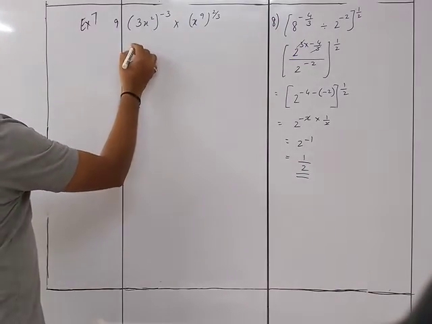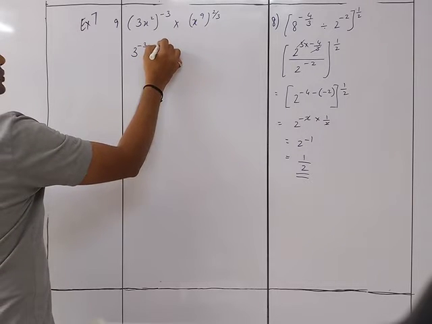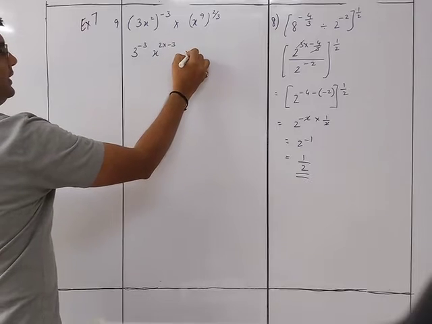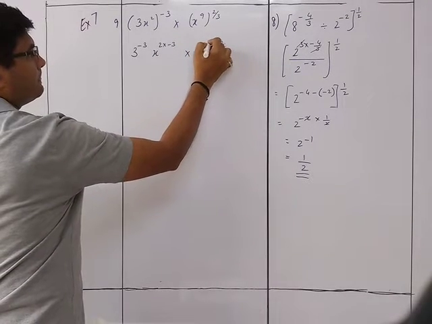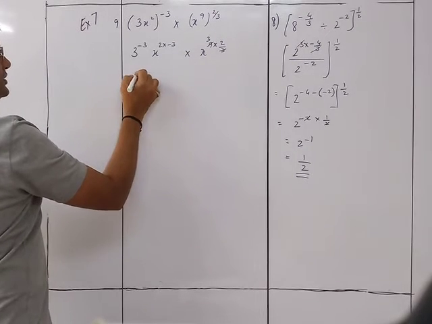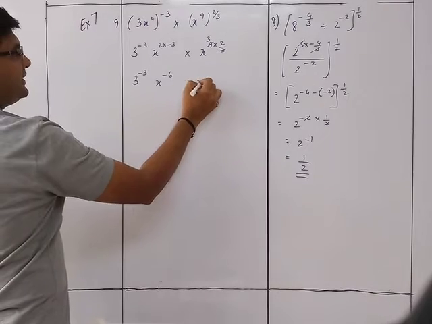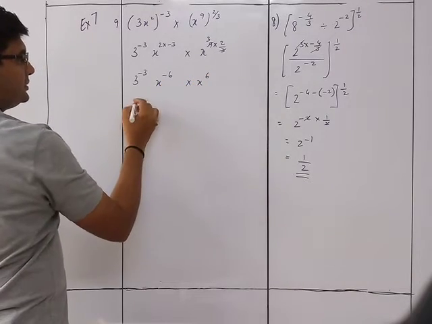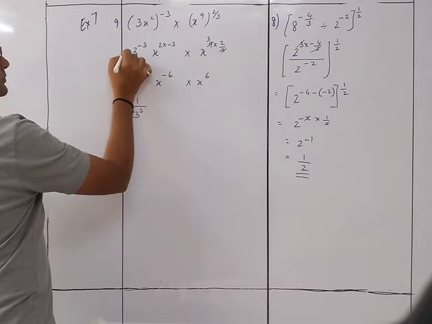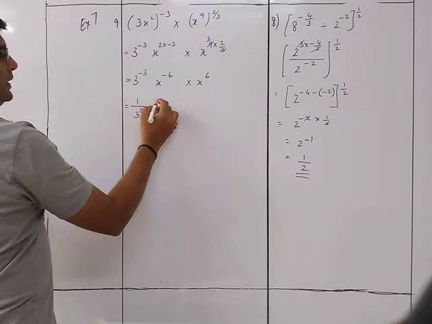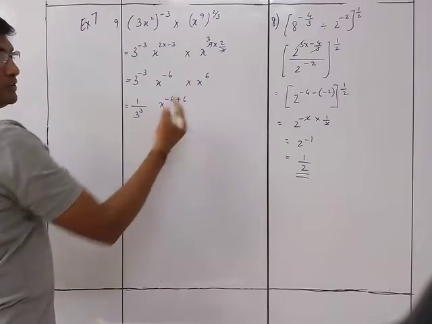So this is nothing but 3 raised to minus 3 into x raised to 2 into minus 3, into x raised to 9 into 2 upon 3. So it is 3 raised to minus 3, x raised to minus 6 into x raised to 6. So it is 1 upon 3 raised to 3 into x raised to minus 6 plus 6, because it's multiplication.